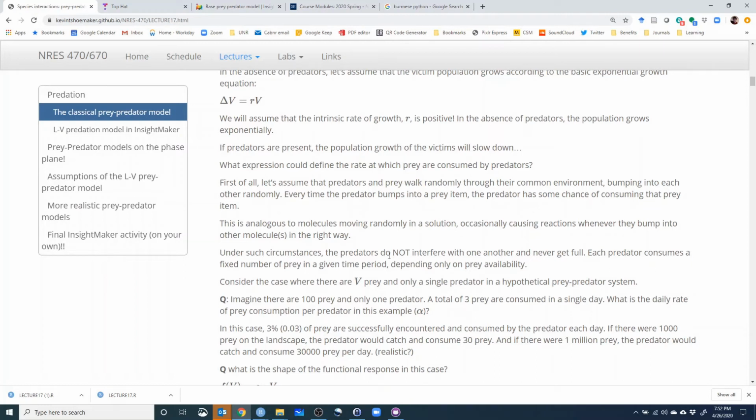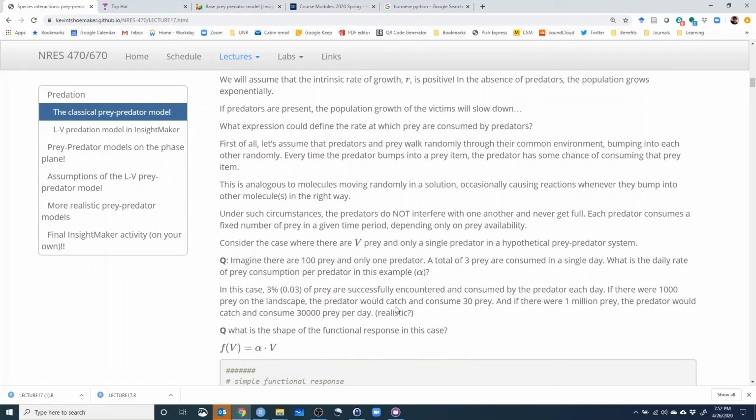That is, in the absence of predators, the population grows exponentially, does not decline. If predators are present, the population growth of the victims will slow down because they're being eaten. And we have to define the rate at which prey are consumed by predators. We have to define the functional response. All right. So let's first, in a very, very simple way, assume that predators and prey are just bumbling through their daily existence without really paying any attention, and they just bump randomly into prey.